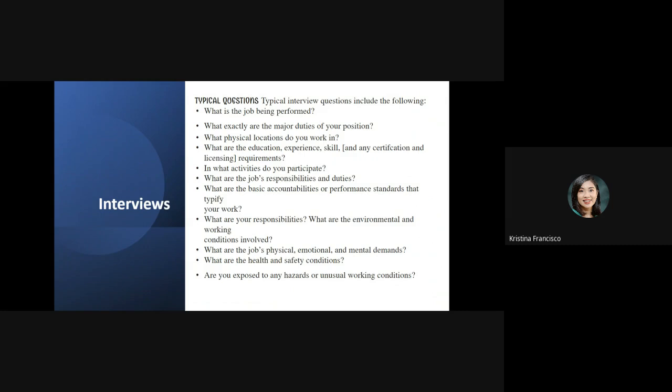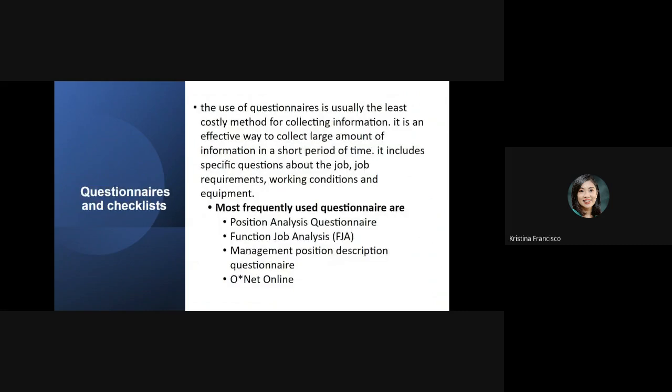However, pag eto yung pinili natin, the main drawback is that employees may distort information, especially if they think it will affect their pay, exaggerating some tasks and downplaying others. So, yun yung drawback niya pag ito yung pinili nating method. Hindi sila magsasabi ng totoo or they will not truthfully relay yung mga information na kailangan natin.